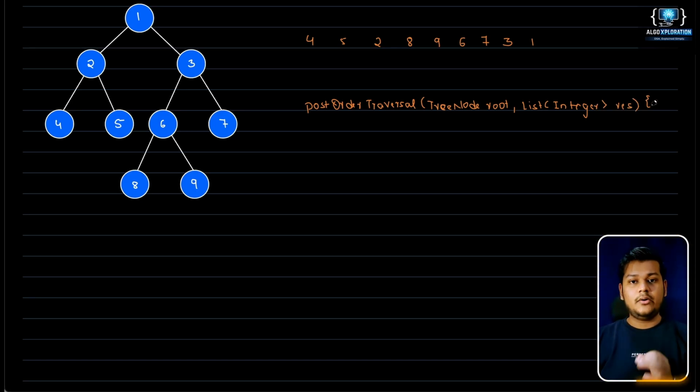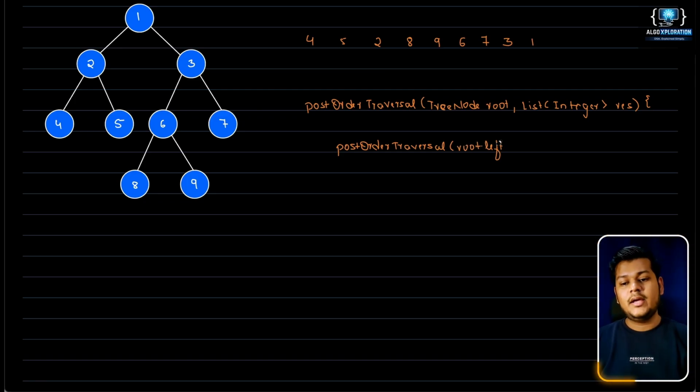Now, as I told you, first we need to process the left. So I'll call the same function, postOrderTraversal, and then we will be passing the address of the left child, so root.left, and the resultant list.